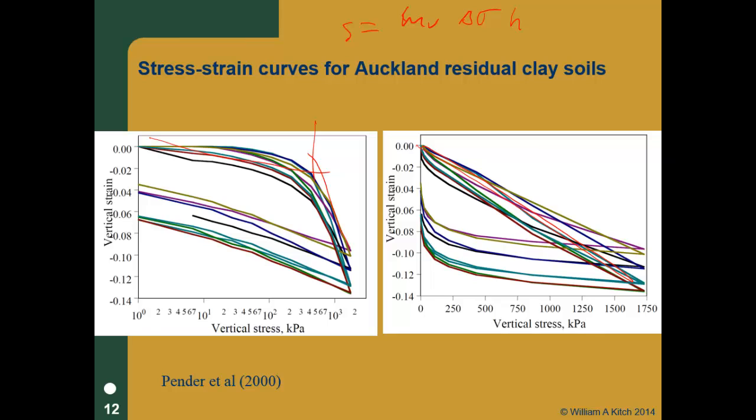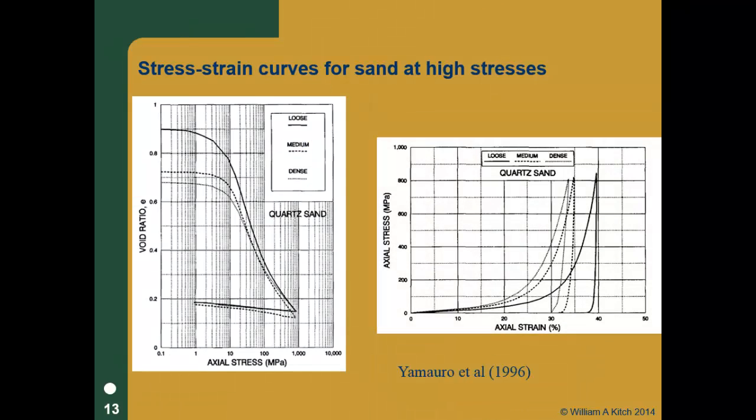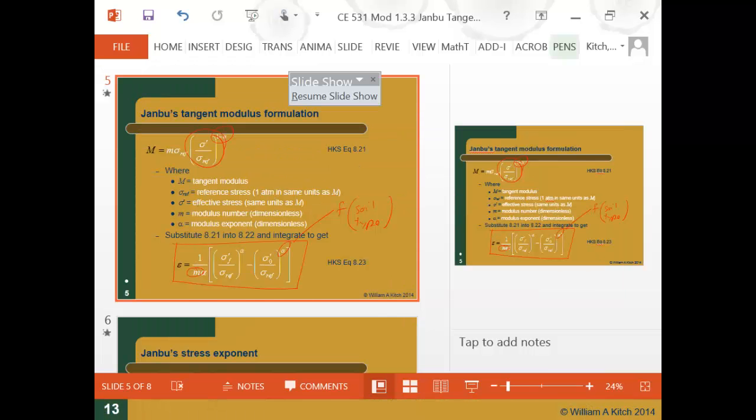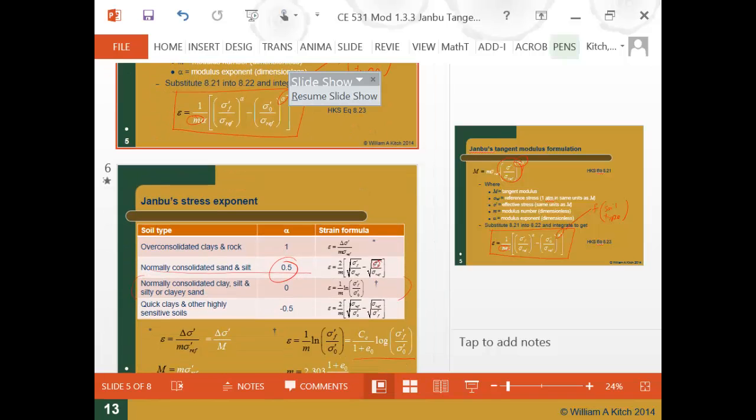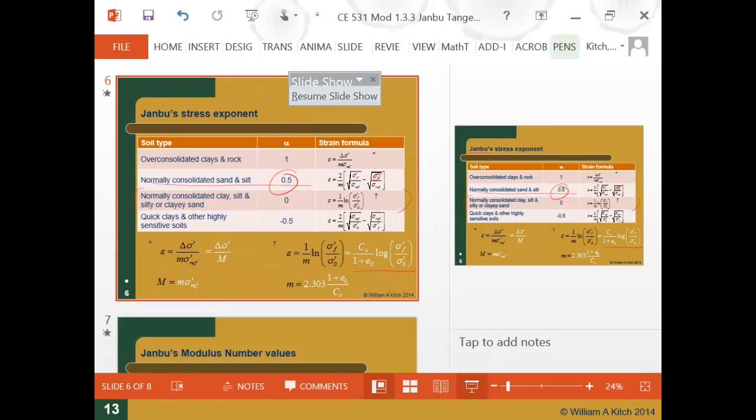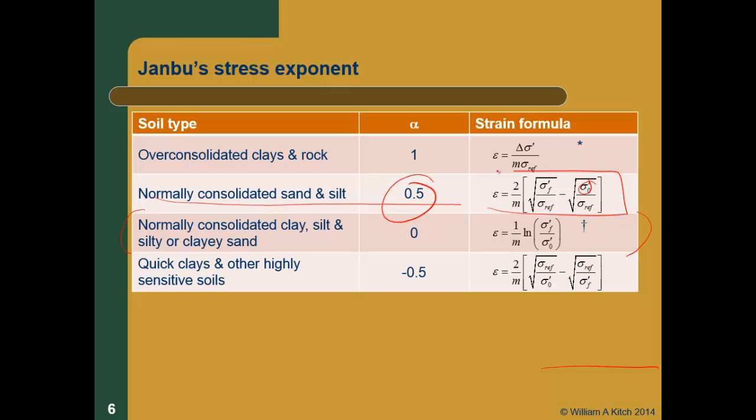Then we looked at sands that are like this, and we said, that ain't linear, and that ain't linear, what am I going to do? Now I can write the strain as m times sigma reference times, and I'm going to have to go to the other one because I don't have this one memorized.